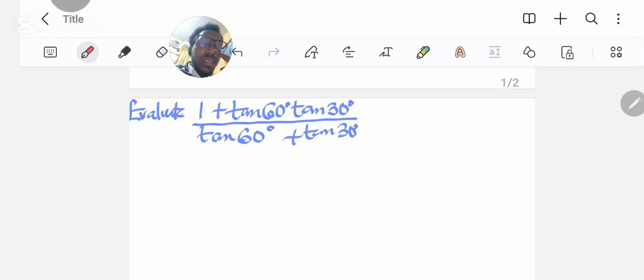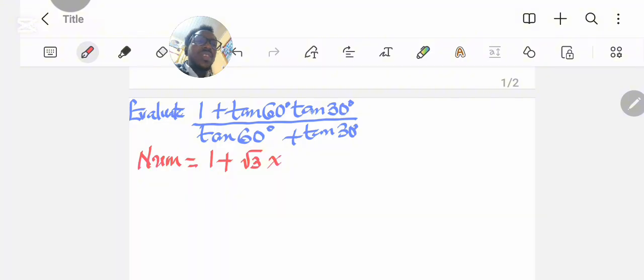All right, so we have another question. We've been asked to evaluate (1 plus tan 60 degree times tan 30 degree) all divided by (tan 60 degree plus tan 30 degree). So like I always love to do, you deal with the numerator first. That's 1 plus tan 60 degree, which is root 3, times tan 30 degree.